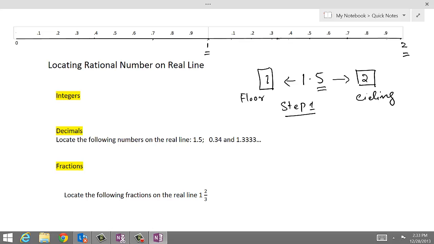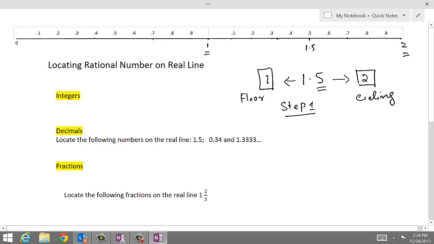We have already divided the space between floor and ceiling into 10 equal parts, and each division is labeled, so you can spot where 0.5 is. It is right here. Therefore our number, 1.5, is right here.